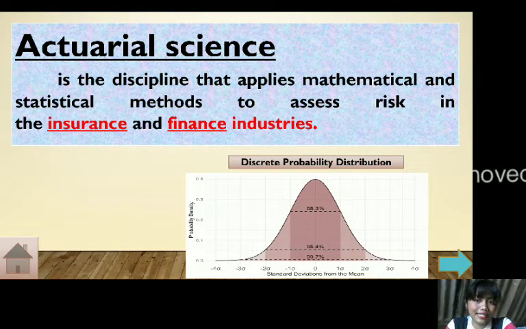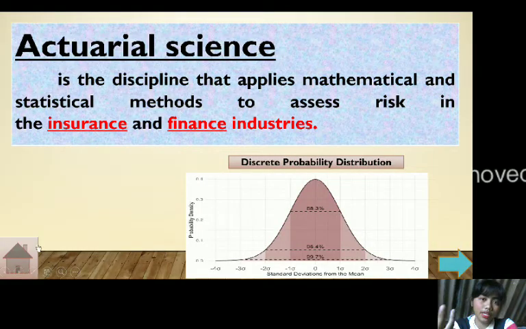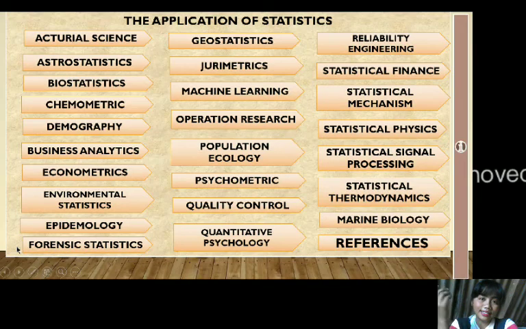We use statistics in life insurance, pension, and healthcare. So we have, for example, the discrete probability distribution, mortality, and descriptive statistics. That is an example where we use statistics in actuarial science.